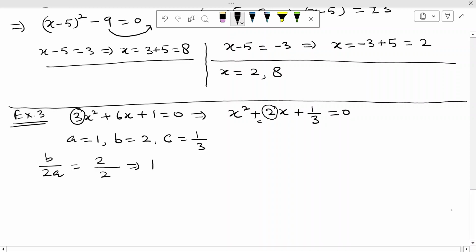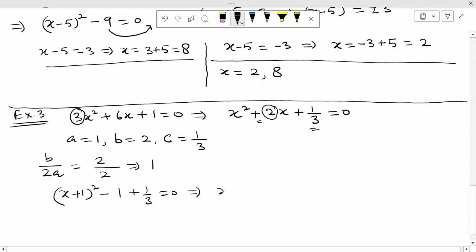The coefficient of x is with positive sign, so we will write this as x plus 1 whole square, and we have to subtract the square of b over 2a, which is 1. So this is minus 1, and we are having plus 1 by 3 here.